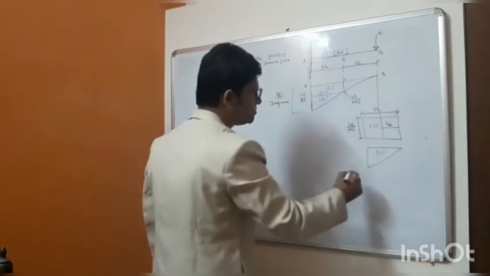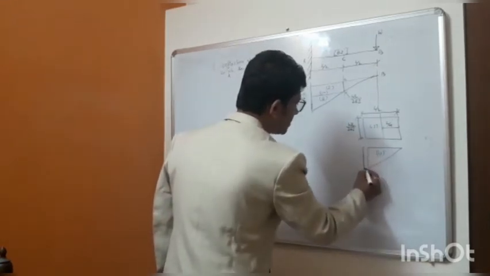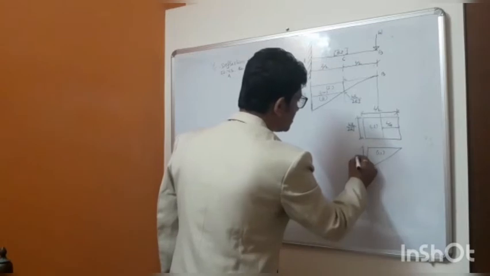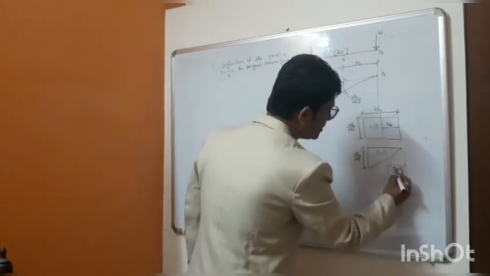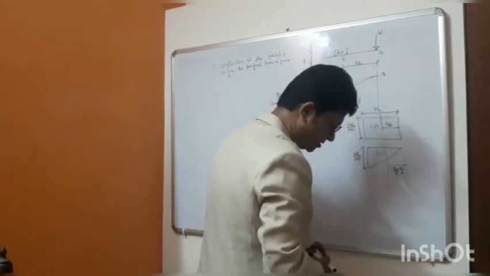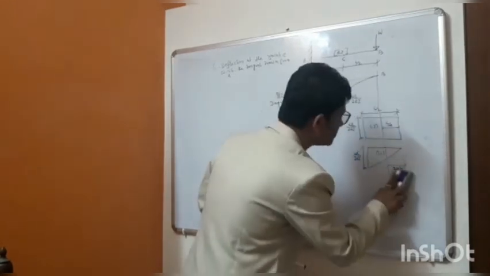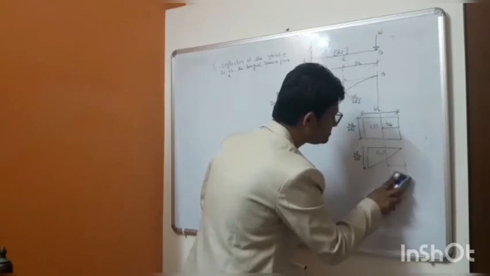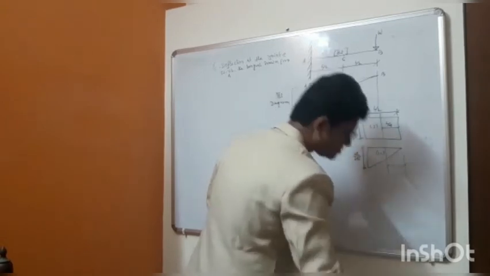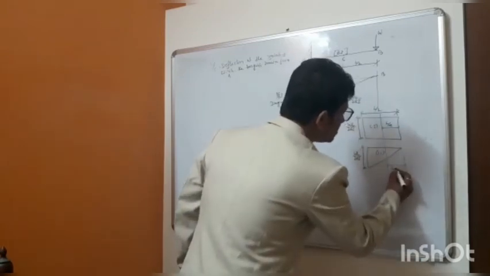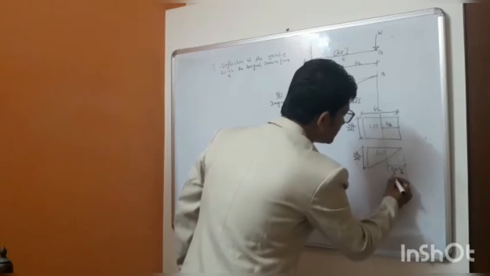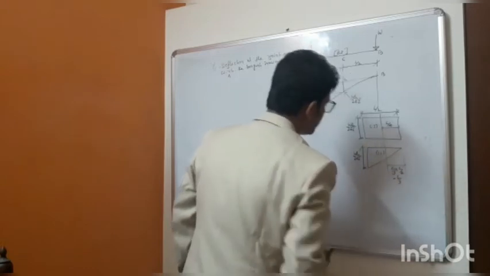This length is L by 2, and the altitude, the height, is WL by 2EI, and the CG distance will be 2/3 of L by 2, that is equal to L by 3.